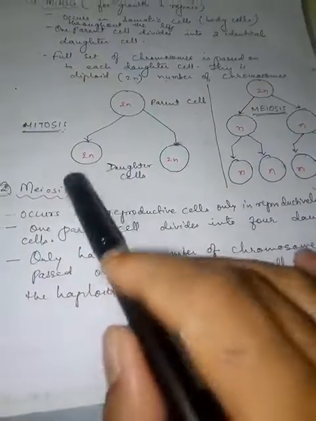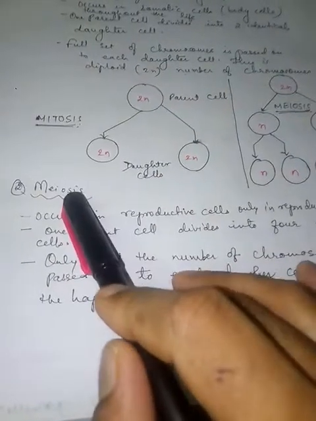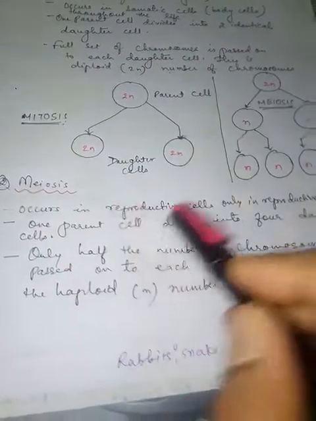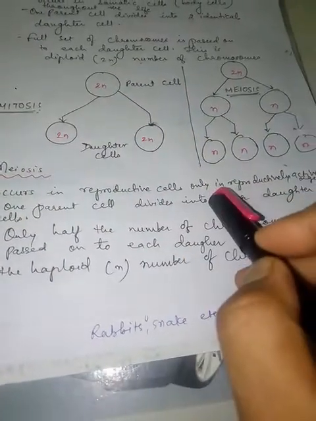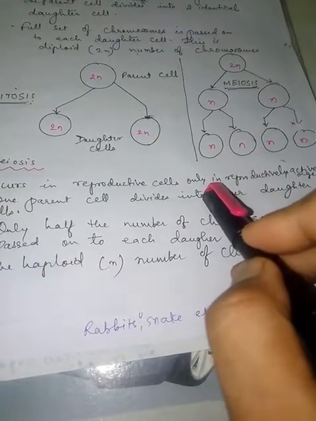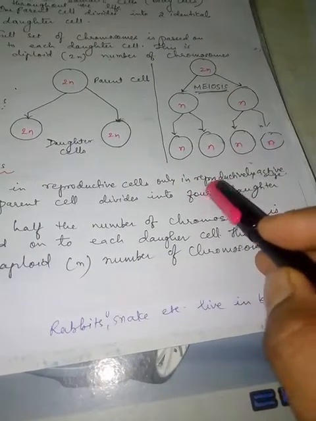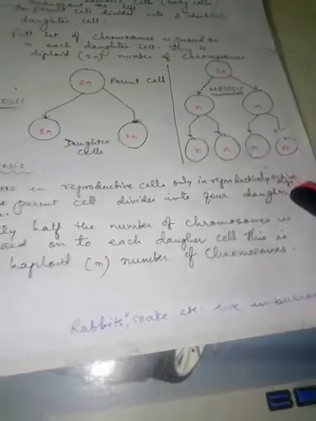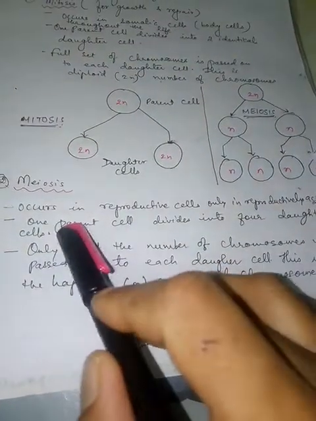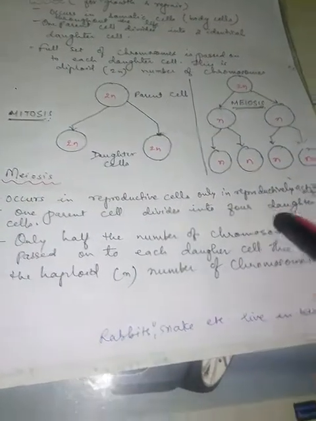The next type of cell division is meiosis, and it occurs only in the reproductive cells, and does not continue throughout the life, but only in the reproductively active age. And one parent cell here divides into four daughter cells.